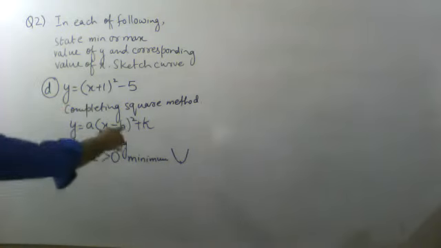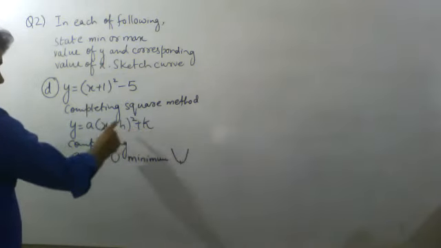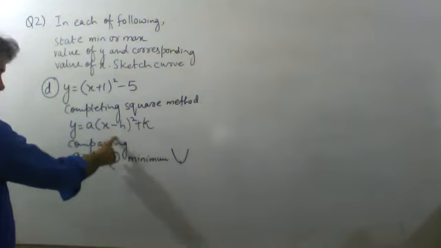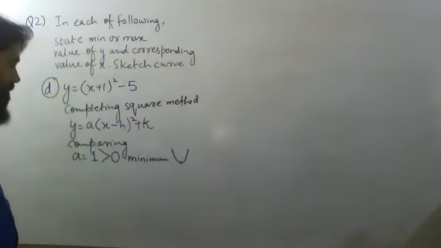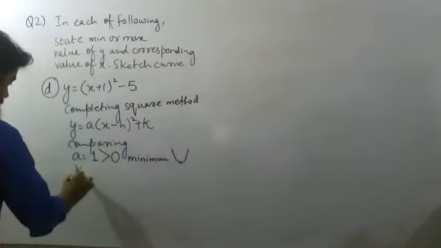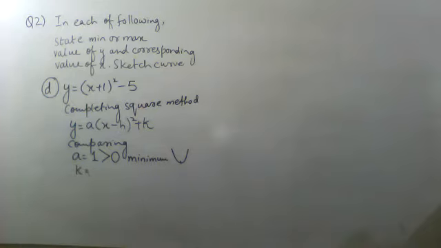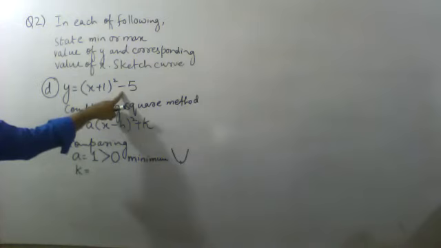After that, I am going for the thing which is being added with this one, or it can be subtracted also. Both things will be the same. That is k. When I compare it with this one, it is minus 5.